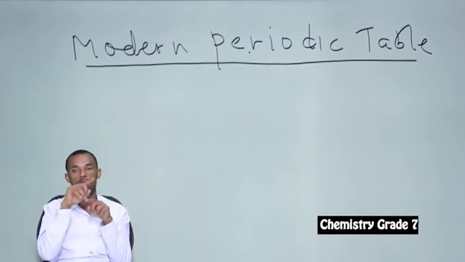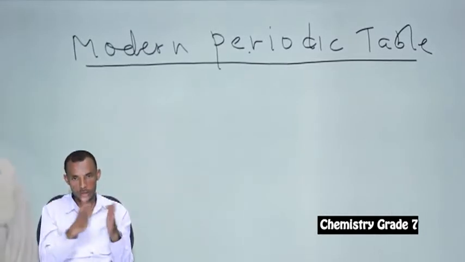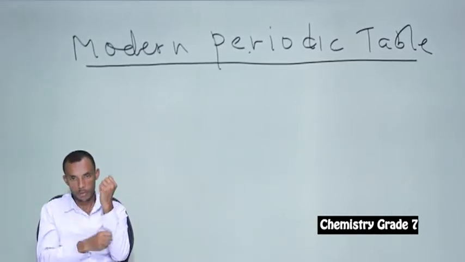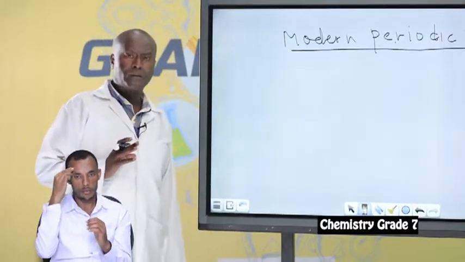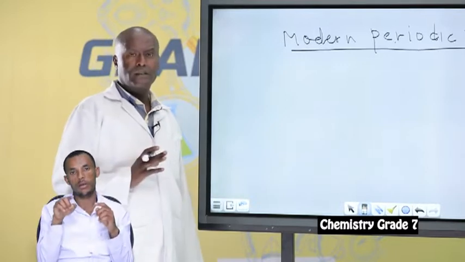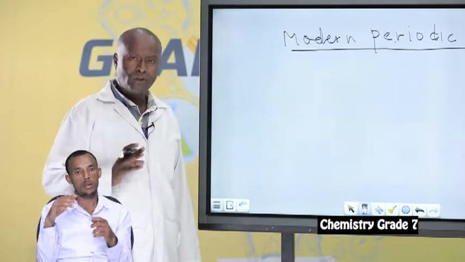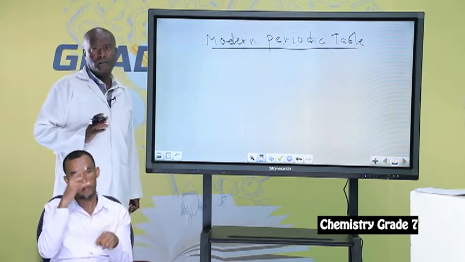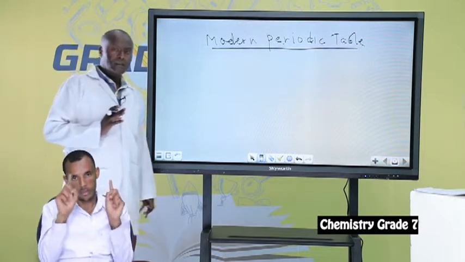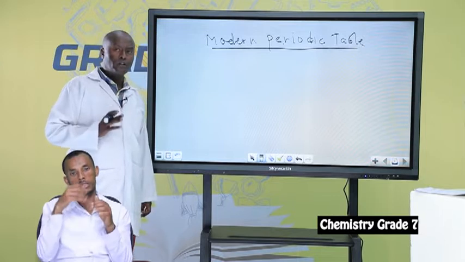I told you, Mendeleev arranged the elements in order of increasing atomic mass. Mendeleev's periodic table had a great role in the development of the modern periodic table, but it has some defects or shortcomings.